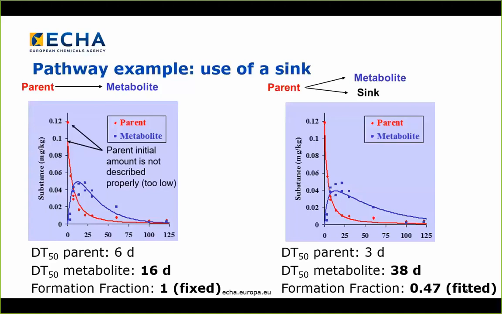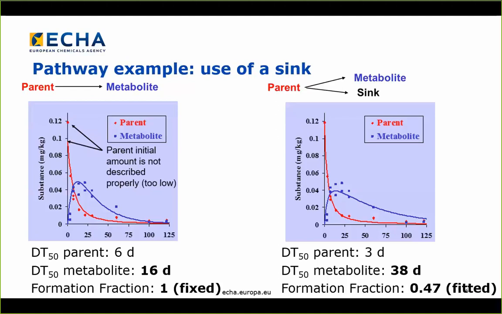Metabolite DT50, 16 days. When we include the flow to the sink, we get a much better fit for our parent model, and it actually has quite a big impact on the metabolite DT50. The metabolite DT50 with that flow to a sink is twice as high as it was without it.